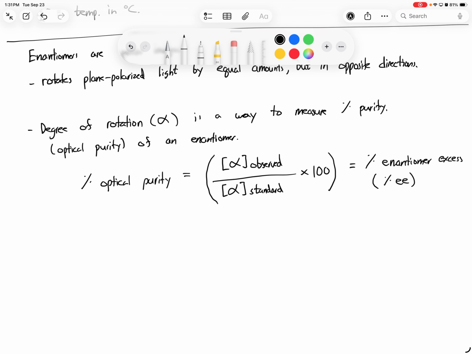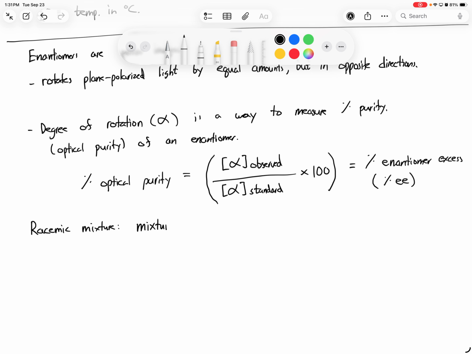All right, so there are two terms for mixtures of enantiomers that we should know. One of them is called a racemic mixture. Contrary to how the word sounds, it has nothing to do with race, okay? A racemic mixture refers to enantiomers.